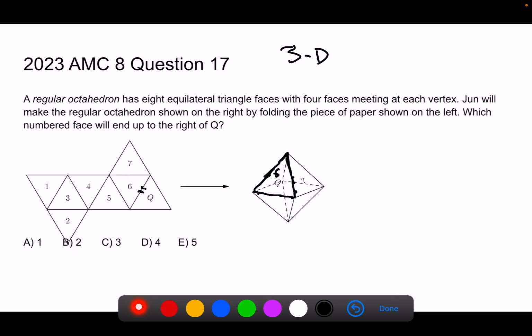So if you look at 6, 6 already touches Q. 6 shares a common edge with 7 and a common edge with 5. So in that sense, taking a look at it, you can see 7 is here, in the very back.